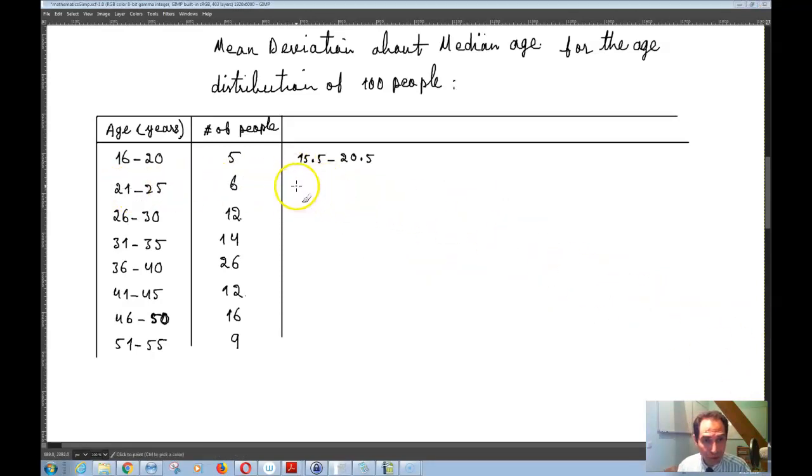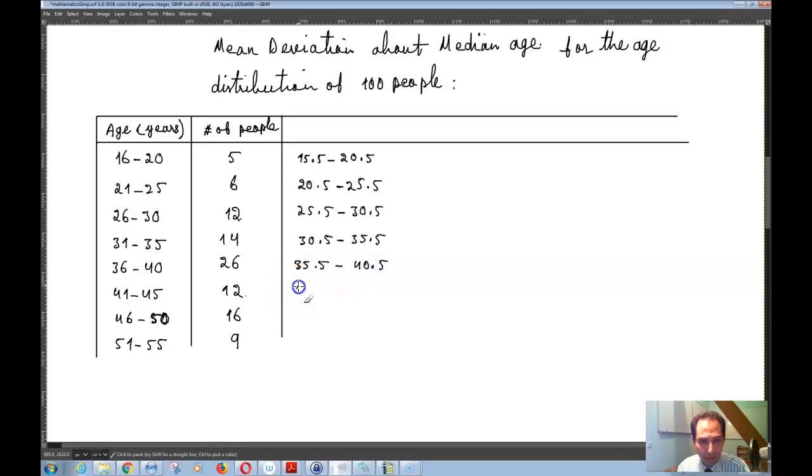Over here you can write 20.5 to 25.5. Over here you can write 25.5 to 30.5. Over here, 30.5 to 35.5. Over here, 35.5 to 40.5.